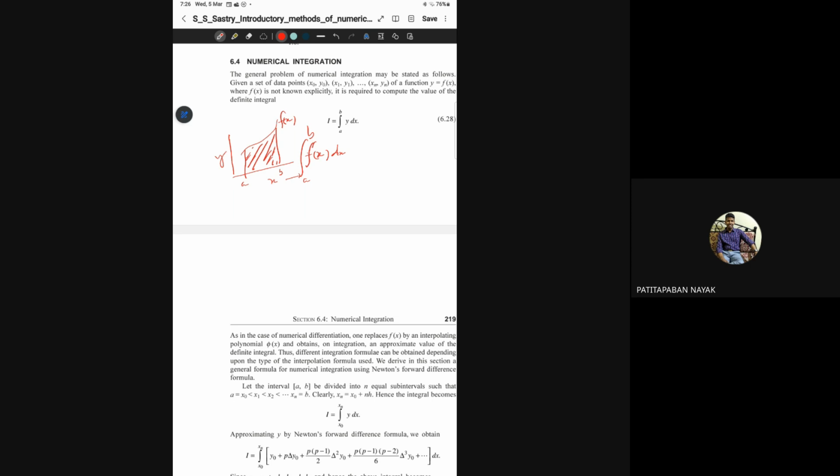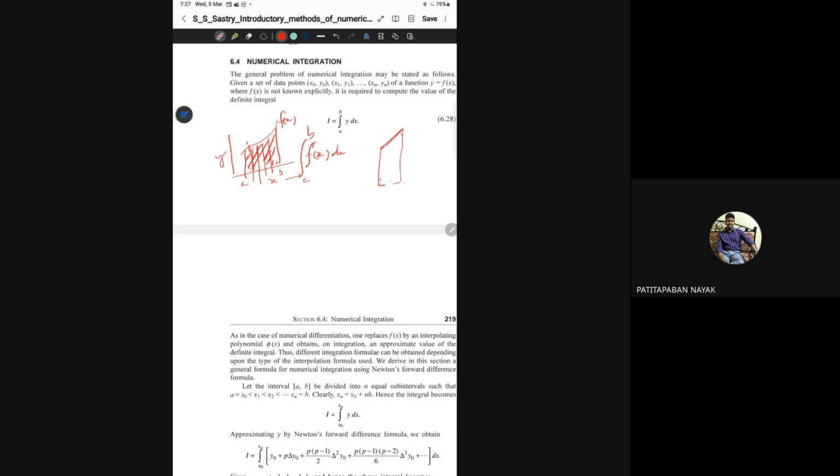So what we do in numerical integration, we try to divide this region into strips. So we want to divide this area into strips. Approximately each strip will look somewhat like a trapezium.